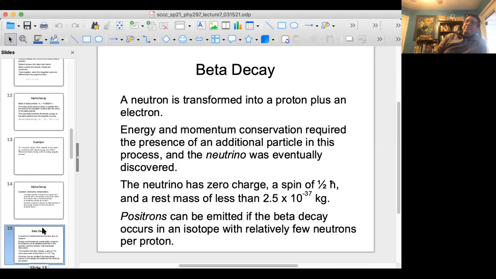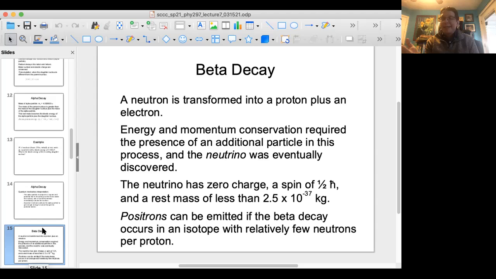So that brings us on to beta decay. In beta decay, you have a neutron decay into a proton plus an electron. So the total mass number remains the same, but you've turned a neutron into a proton.